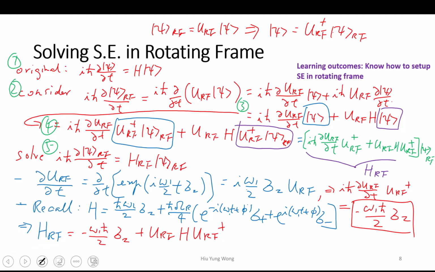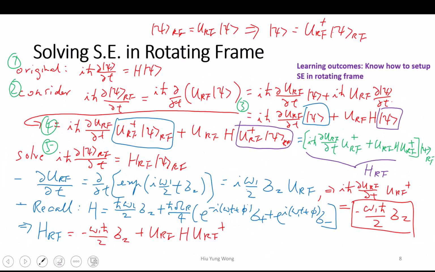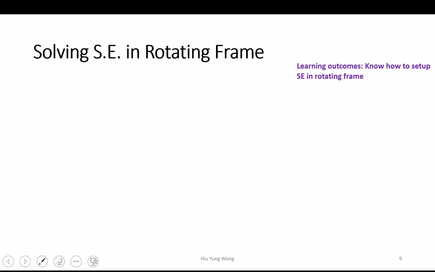Because σ_z is diagonal, not just because it's diagonal, because U_RF has σ_z. Look at this, exponential σ_z. So it commutes with this part, so I can just swap them. Maybe I need to get more space.